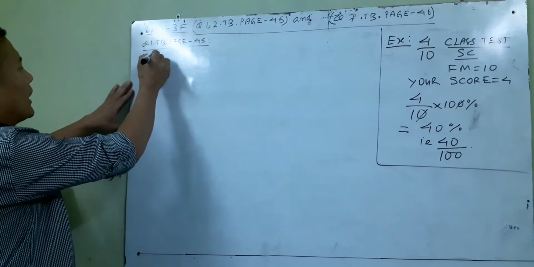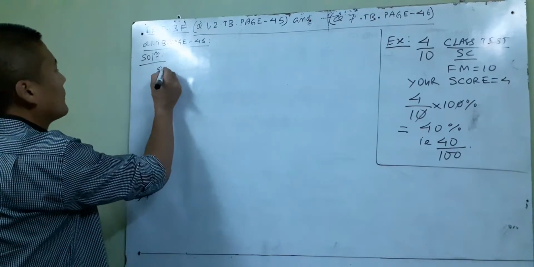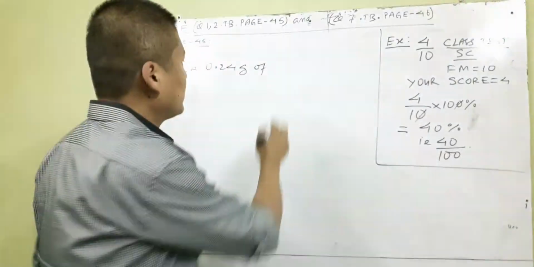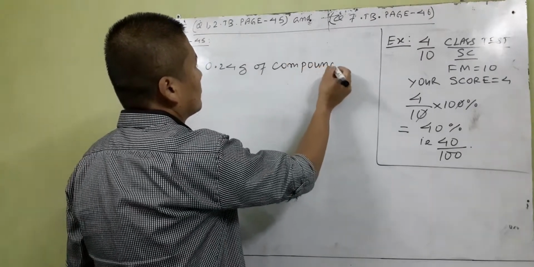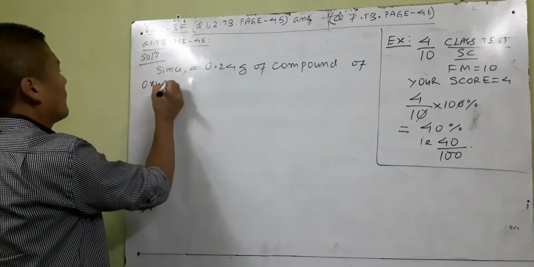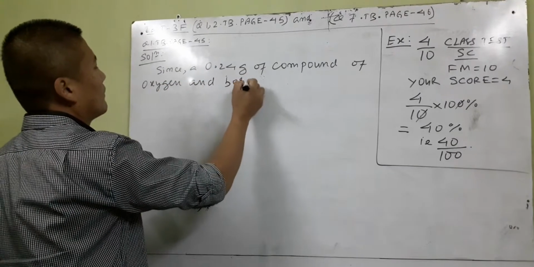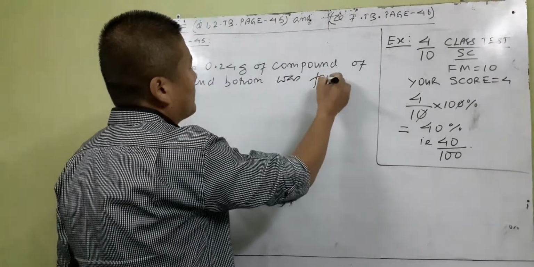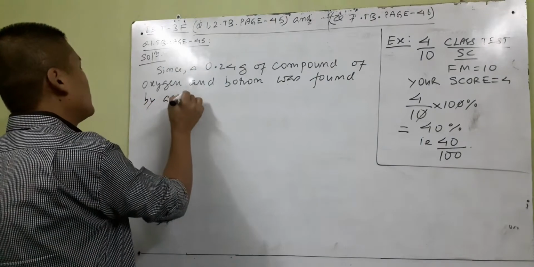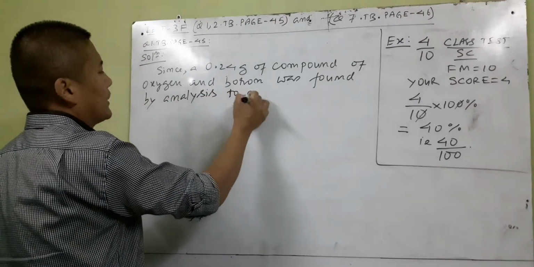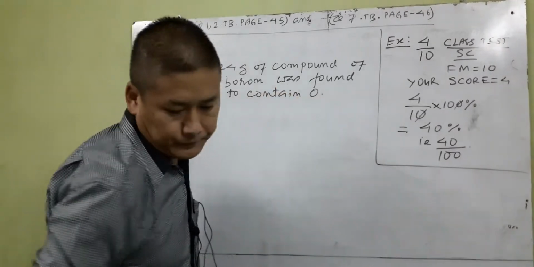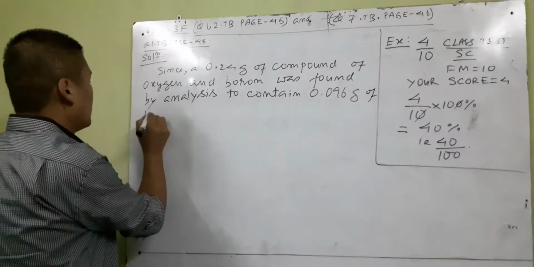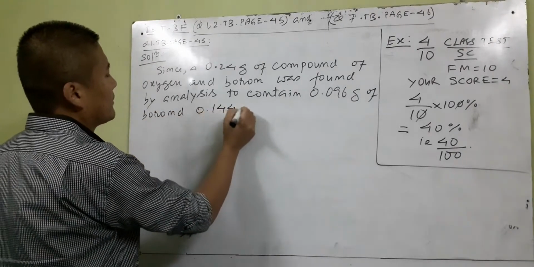So here, solution, your answer. Since 0.24 gram of compound of oxygen and boron was found by analysis to contain, I'm just copying the question, 0.096 gram of boron and 0.144 gram of oxygen.